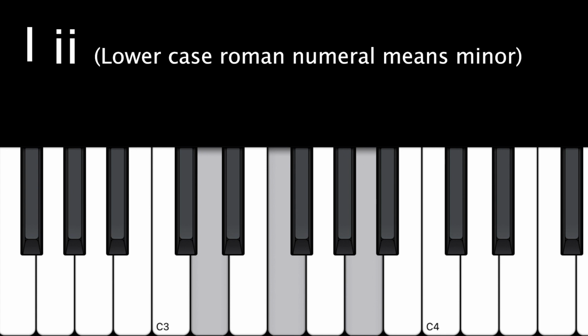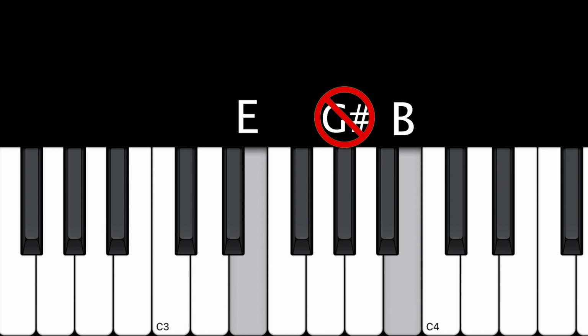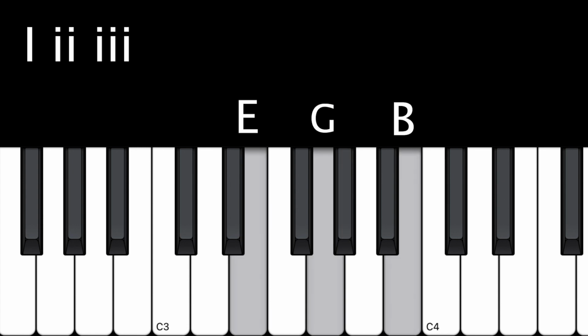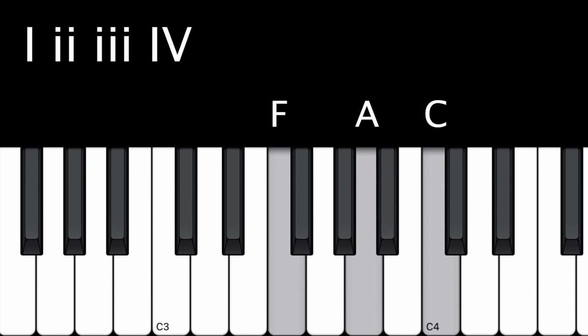Let's just keep going. I'll speed up the process now because I think you'll see how this is going. Let's take an E. 1, 2, 3, 4, 1, 2, 3. We've got an E, a G sharp, and a B. We can't use the G sharp, so we use the available G, and that gives us an E minor. Next one, F is there. 1, 2, 3, 4, 1, 2, 3. That works totally fine. That's a major chord. That's all good.